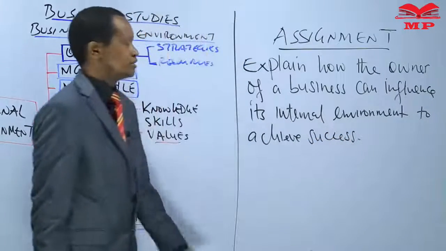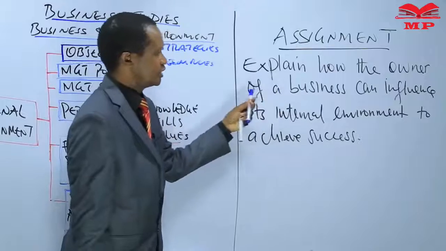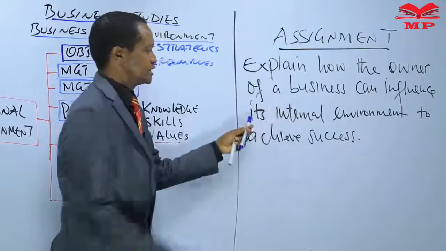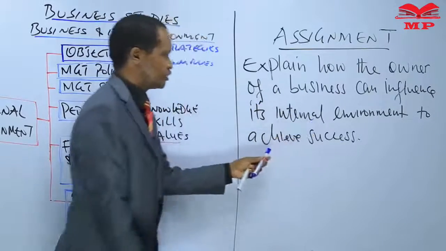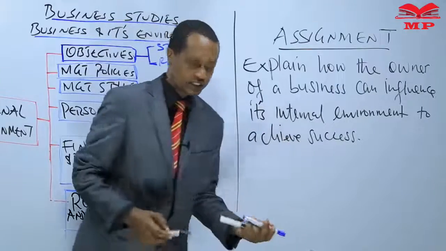Your assignment is: explain how the owner of a business can influence its internal environment to achieve success.